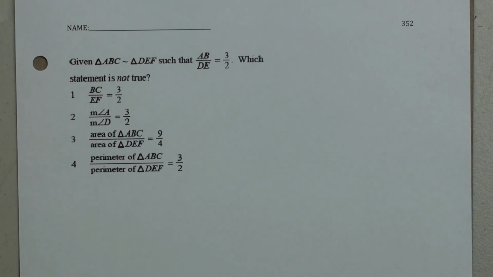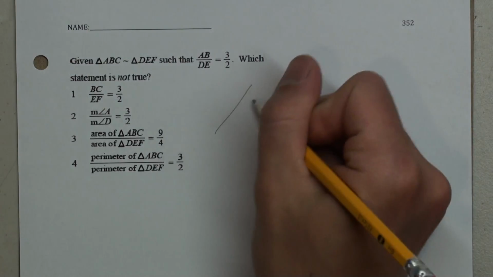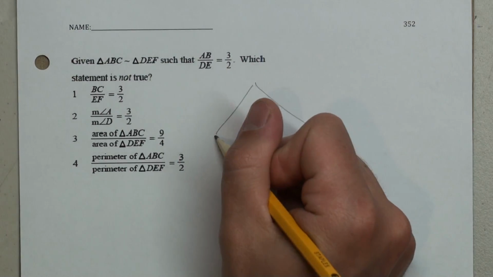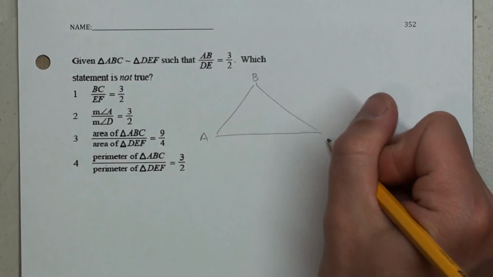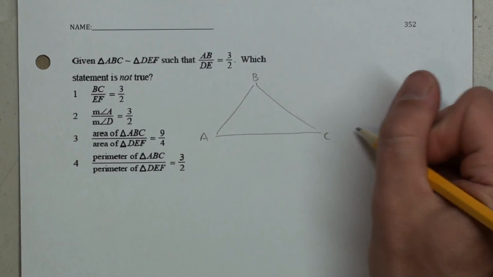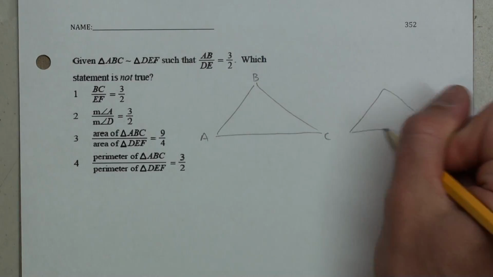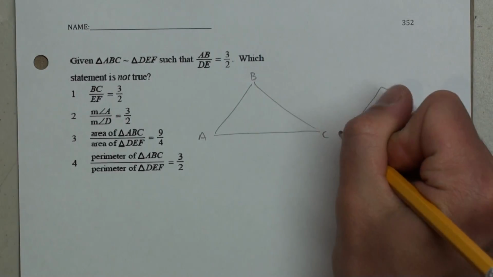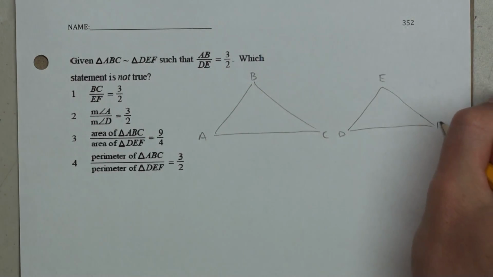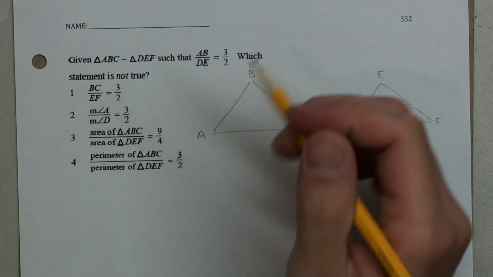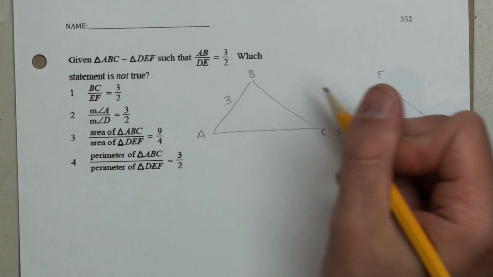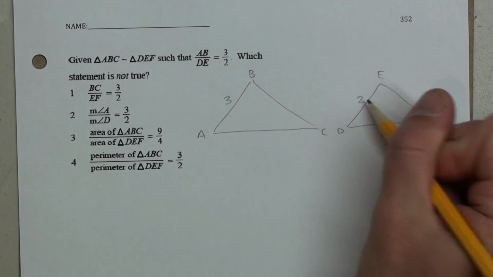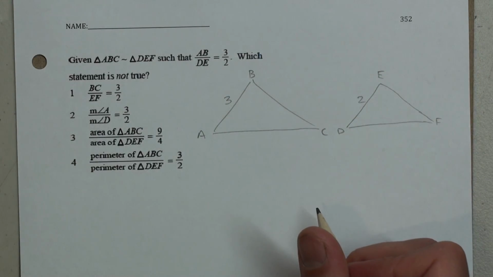They're similar, so let's draw them. A, B, C. D, E, F. A, B, D, E. Which statement is not true?